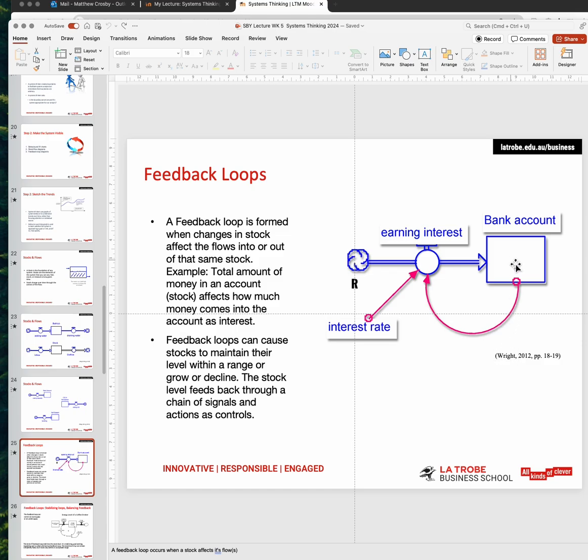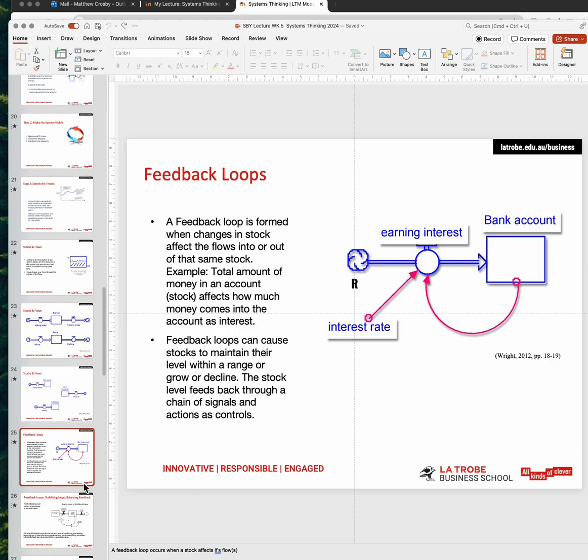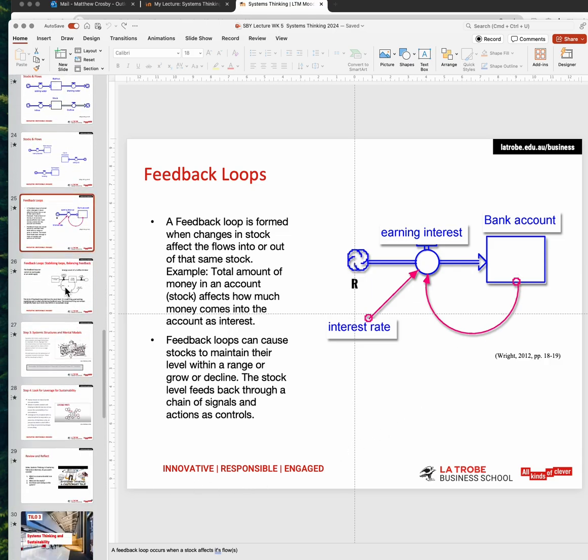But of course, I do spend things. There's money that goes out here as well, and so that reduces the interest amount. So you see that these feedback loops, these feedback lines, they vary according to what the stock is. There's lots of variables in this system.